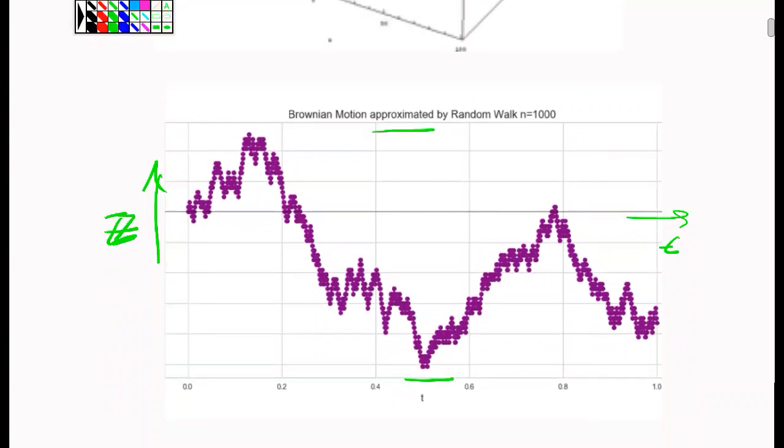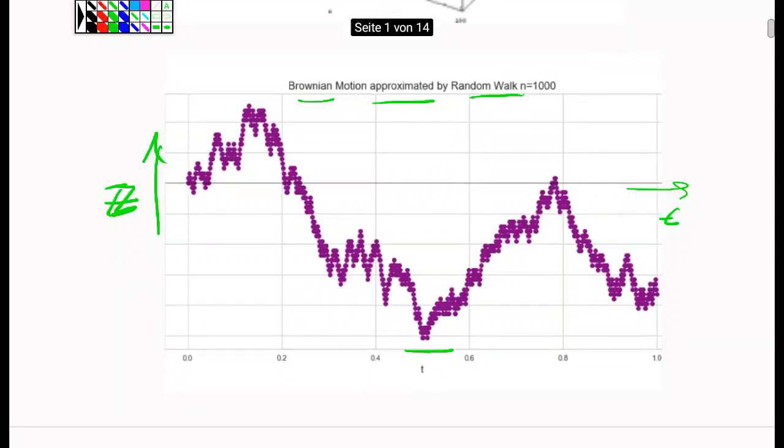And here in the graphics you already see that this is not claiming to be a Brownian motion, but in the headline it already says that the Brownian motion that we are supposed to describe here is in fact generated through an approximation by random walks, if we choose to observe the random walk for a sufficiently large amount of time and scale the spatial resolution accordingly.